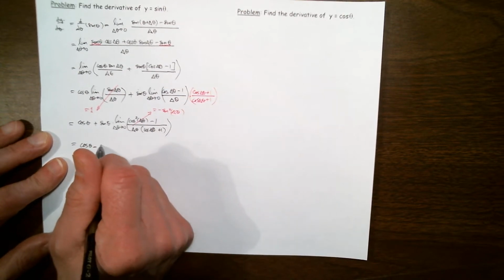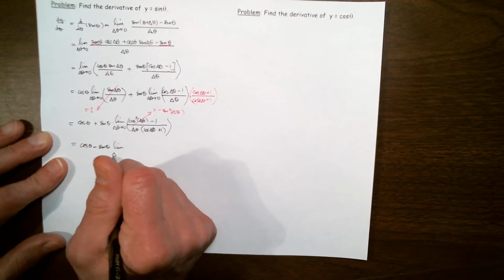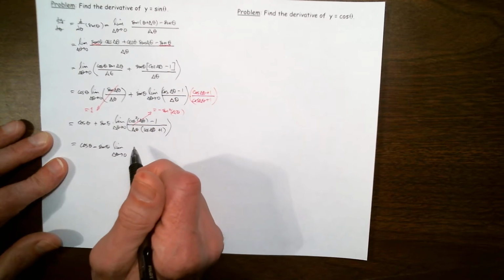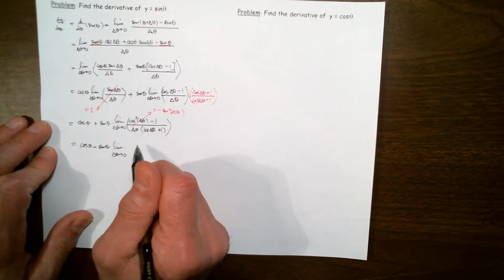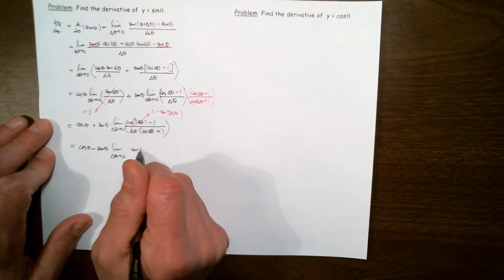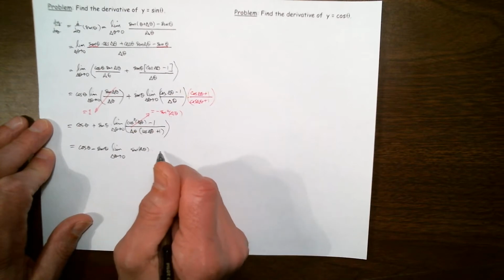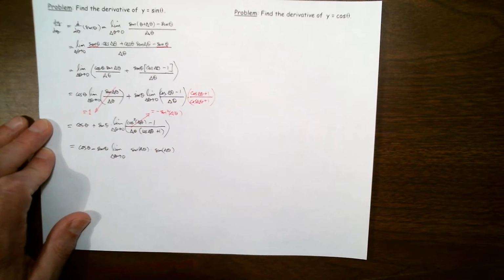So we'll get minus the sine of theta times the limit as the change in theta approaches 0. And this sine squared of delta theta, I'm going to split up into two parts and write it as the sine of delta theta multiplied by the sine of delta theta.